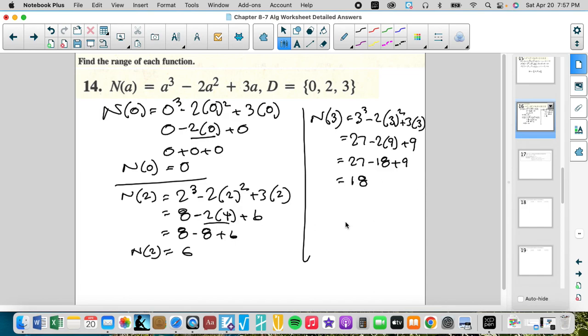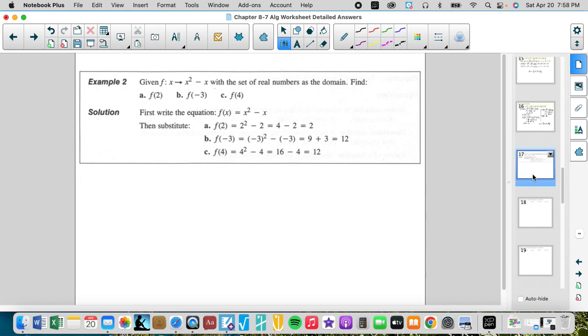I think that equals 18. N of 3 equals 18. Does that make sense? Yep, that's good. So if I'm going to draw my solution set, I have R equals, and my two values, 0, 6, and 18. All right, thank you for changing.